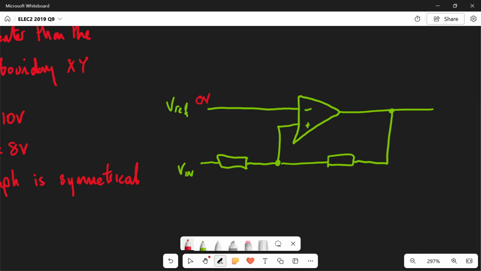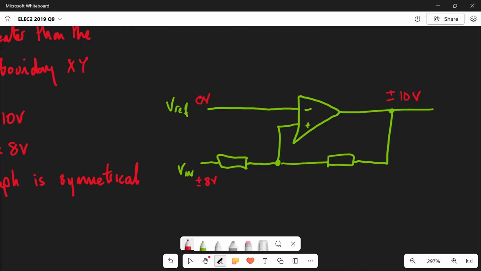We're told, or when we look at the graph, we can tell that it saturates the output at plus and minus 10 volts. So we know that the output is going to be plus or minus 10 volts. And we know that V in, and these are the values which are vertical in the y-axis, are plus or minus 8 volts.